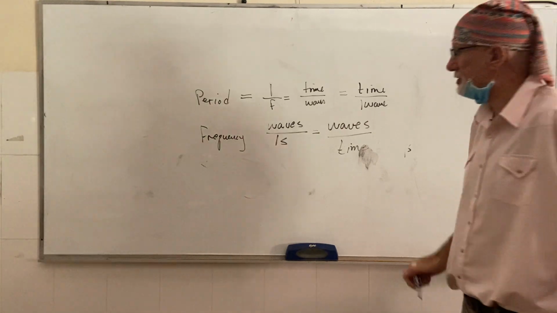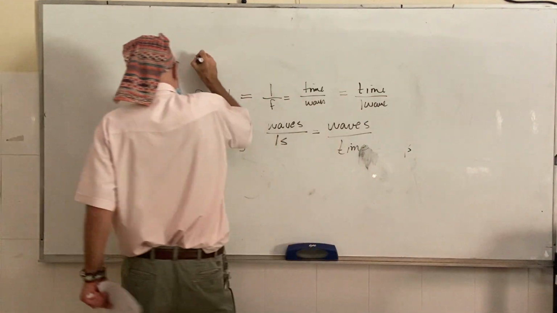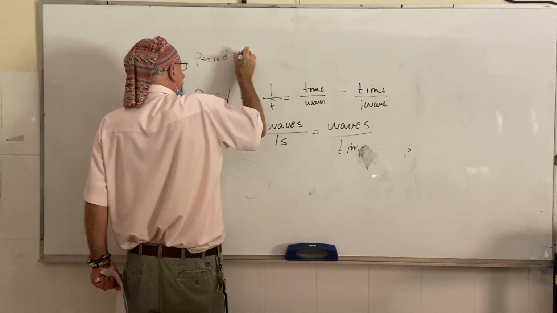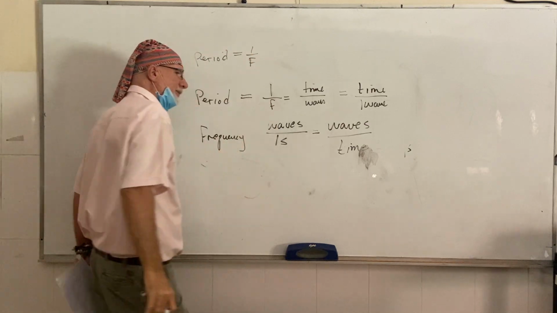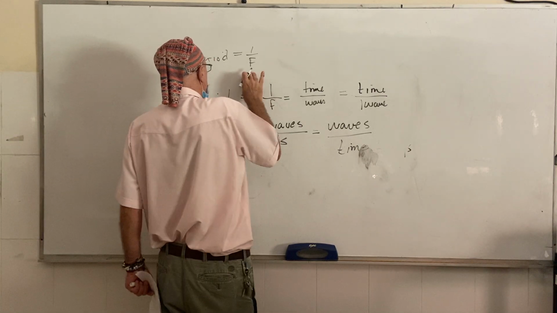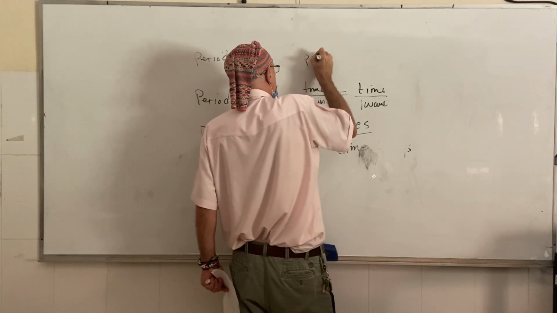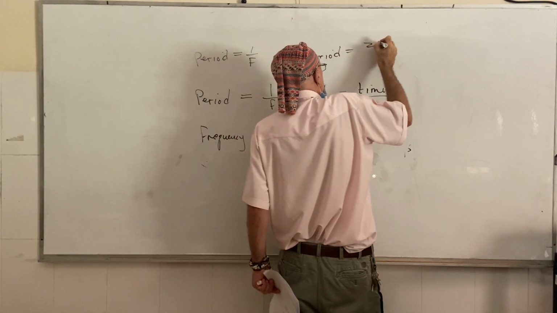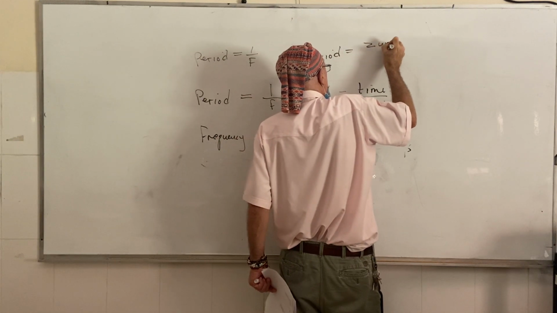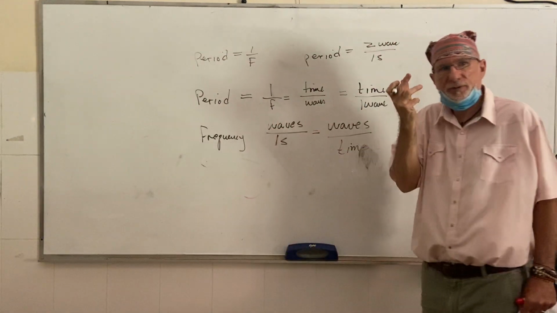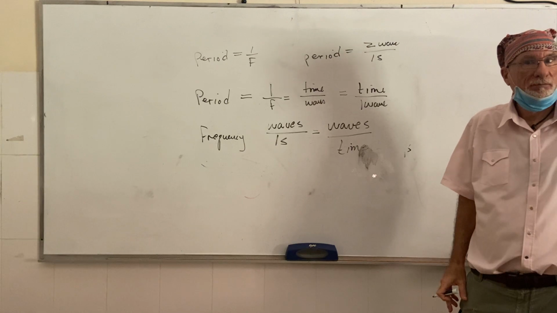Let's see if that works. The period equals 1 over the frequency, right? So, if I know that it's 2 hertz, 2 waves per 1 second, what's the reverse? 1 divided by 1 over 2.